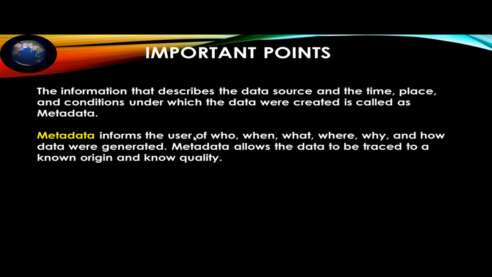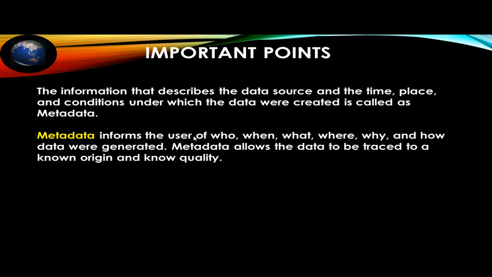And the information that describes the data: I have already taught you this in two of my classes, regarding metadata. What is that? The data of the data, or information about the data, like time, place, condition, coordinate system, extent, so many things associated with the data.